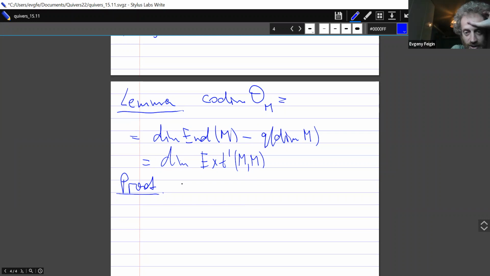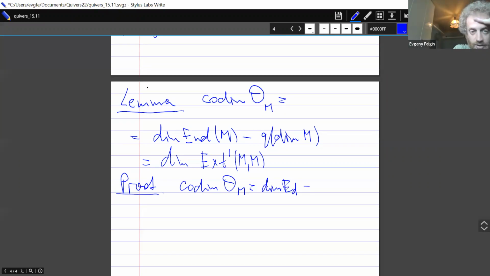So let's prove this. Just by definition, the codimension of the orbit is the dimension of E_d minus, as usual, let me write d for the dimension vector of M, just for brevity, the dimension of the orbit.